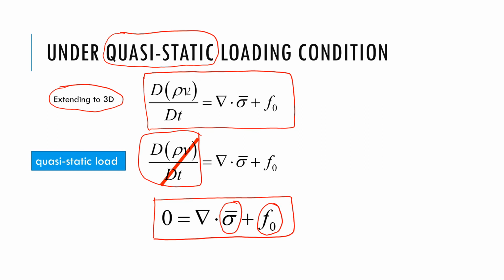Now note that this equation is still written for a single phase solid. We will learn about extending it to the porous medium next. That's not done yet. So this is for a single phase, but this is what's called the equation for equilibrium, and this is the most basic equation that we're going to use to develop our equations for poromechanics for a deforming food material.